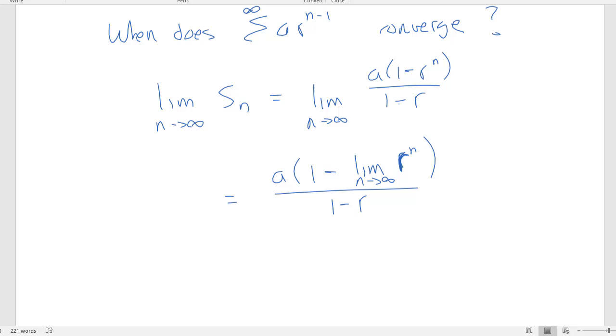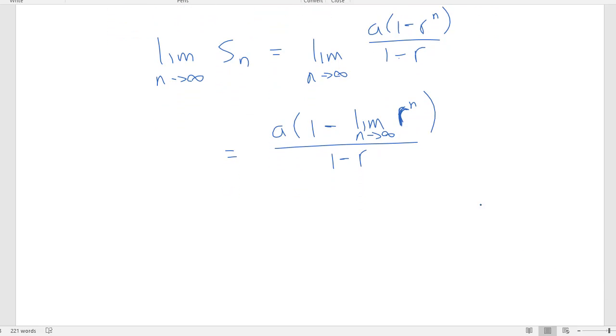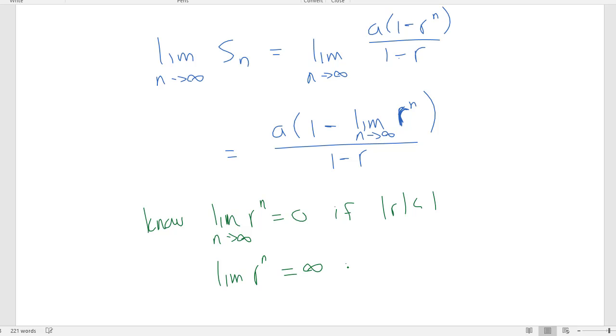So the only time I'm going to get convergence here, let me scribble this down in a different color. We know that the limit of r to the n goes to 0 if r is less than 1, and the limit of r to the n will go to infinity if r is bigger than 1.